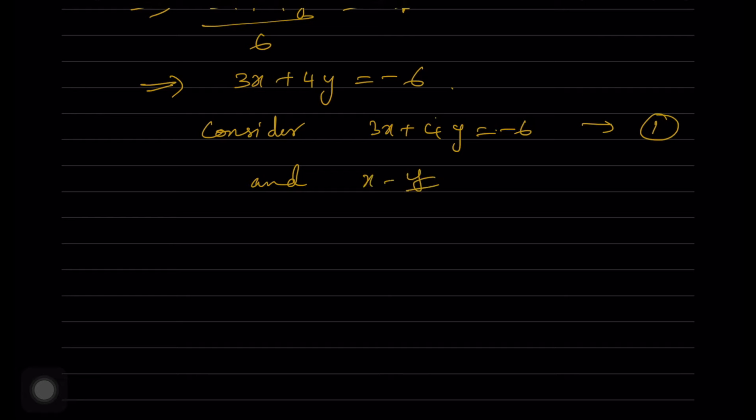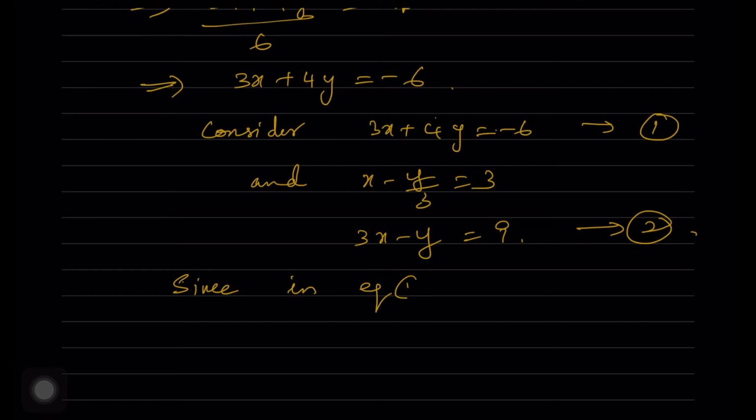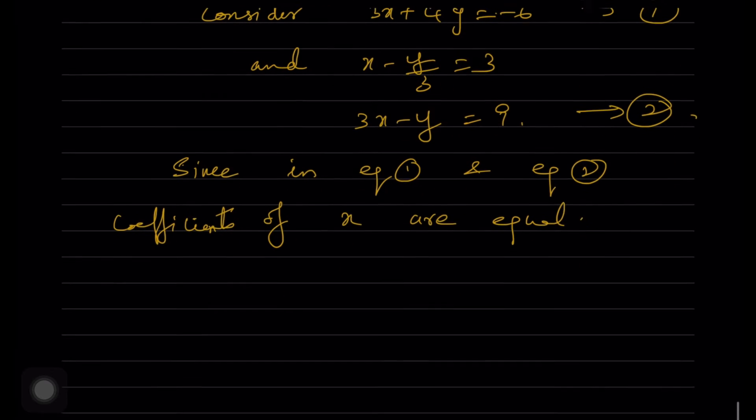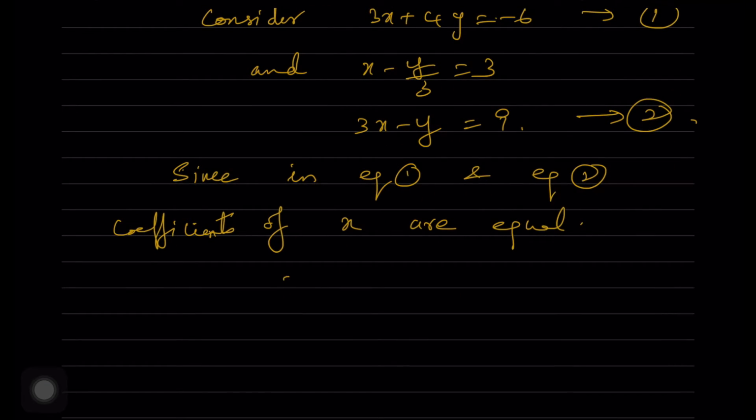Then the second equation is x minus y by 3 is equal to 3. Cross multiplying or taking LCM, you get 3x minus y is equal to 9. Take that as the second equation. Now the coefficient of x for both equations is the same, so we subtract equation 2 from equation 1. We have 3x plus 4y is equal to minus 6 and 3x minus y is equal to 9.